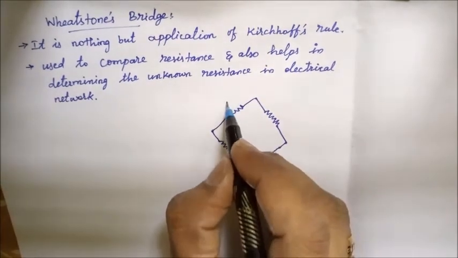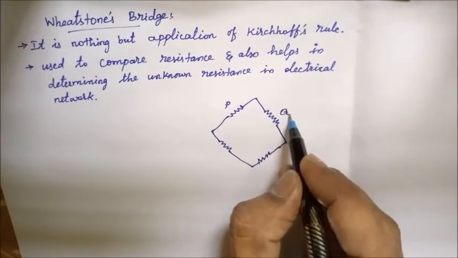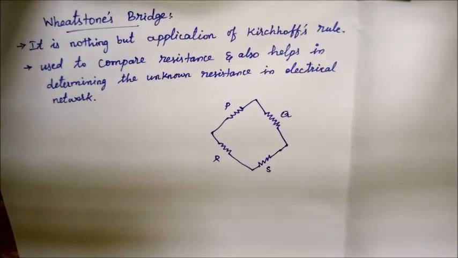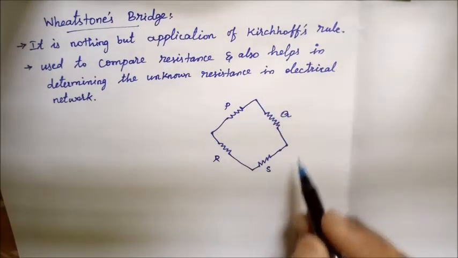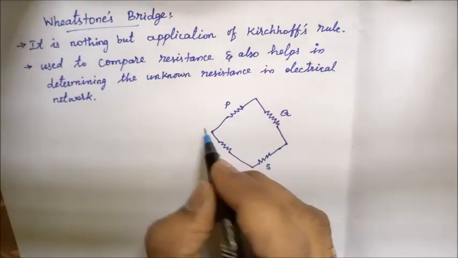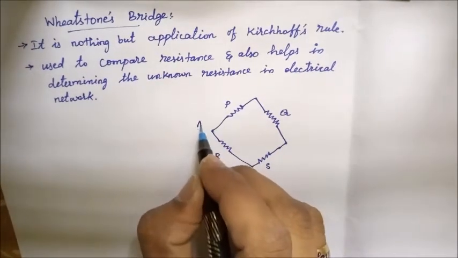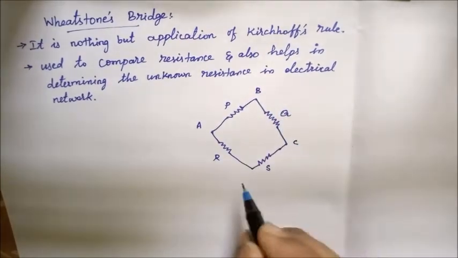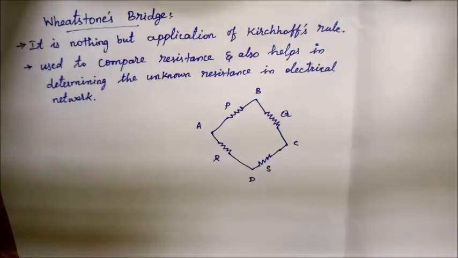One is P and another one is Q, R and S. So these are the four resistors we are considering, and we have arranged them in such a way as shown in the figure. Now the corners will be denoted in terms of A, B, C and D.